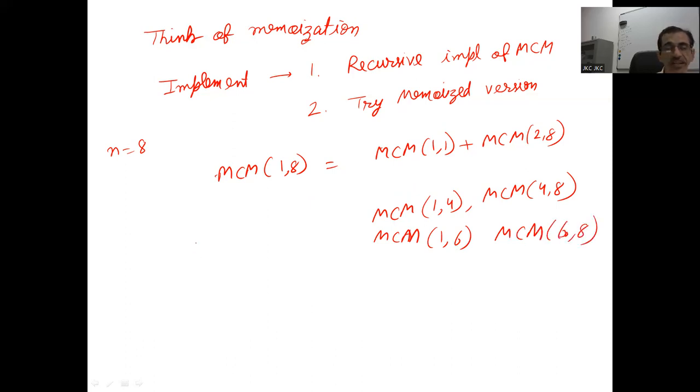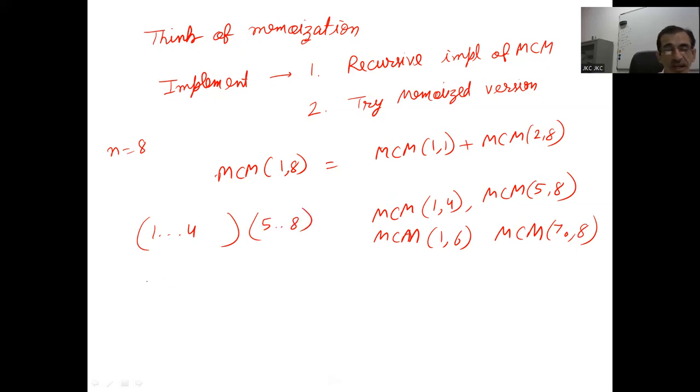So if my n is 8, one parenthesis I put is saying 1 to 4 to be multiplied and 5 to 8. So I say 1 to 4 and then I have 5 to 8.